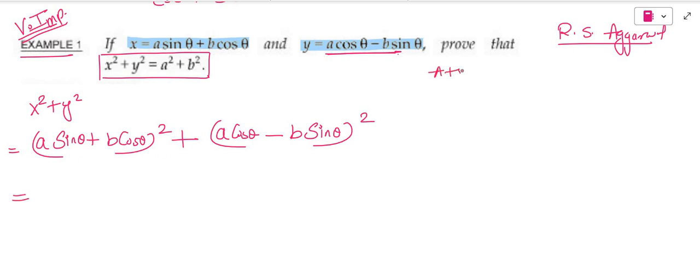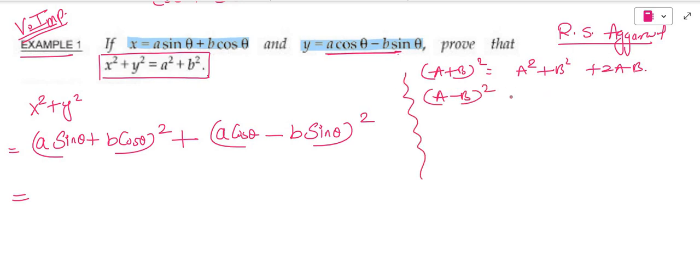And what is a plus b square? Many students do mistake here. a plus b square is a square plus b square plus 2ab. And what is a minus b square? Formula, everybody. a square plus b square minus 2ab. So याद रखिए, whenever we have a square, we open, there are three terms: a square, b square, plus 2ab. Here a square plus b square minus 2ab.